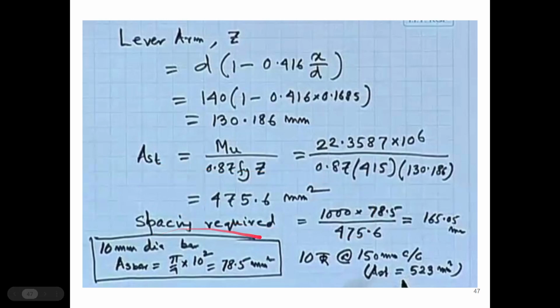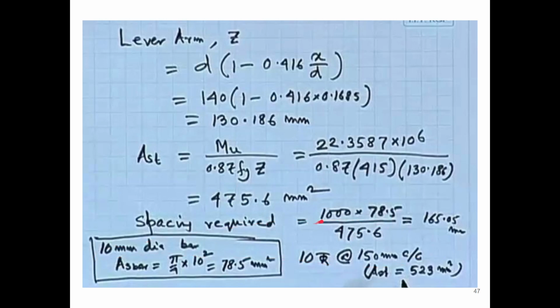Now the spacing provided in the slabs, how much will it be? We will consider 1000 mm, 1 meter width, as I told you, divided by the number of bars required. So spacing will be the width, 1000, divided by the number of bars required. The number of bars required equals the area of steel required divided by the area of 1 bar, which we have considered as 10 mm dia.